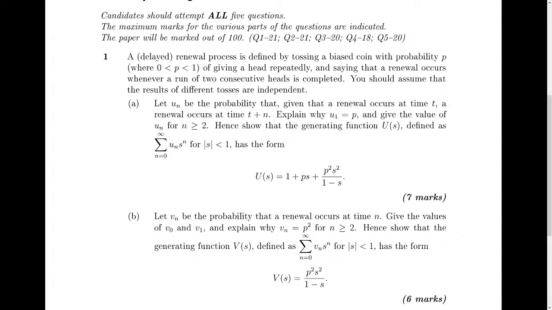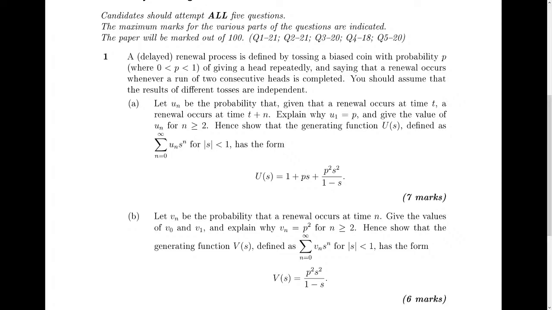That's basically enough for us to guess that Vn is 0 for v0 and v1, and then p squared, which is actually given again.